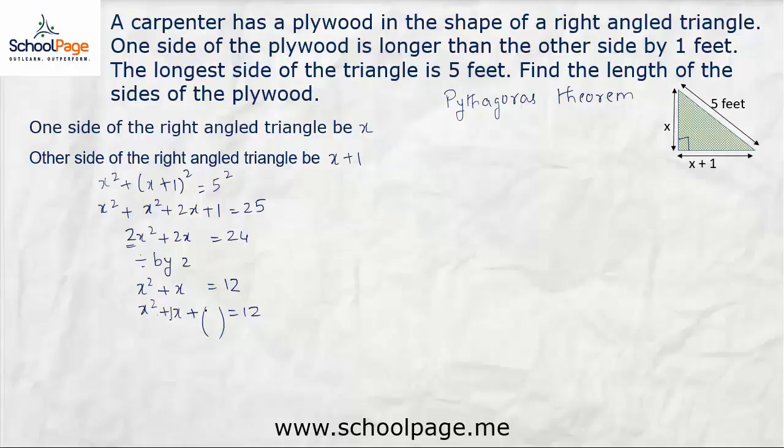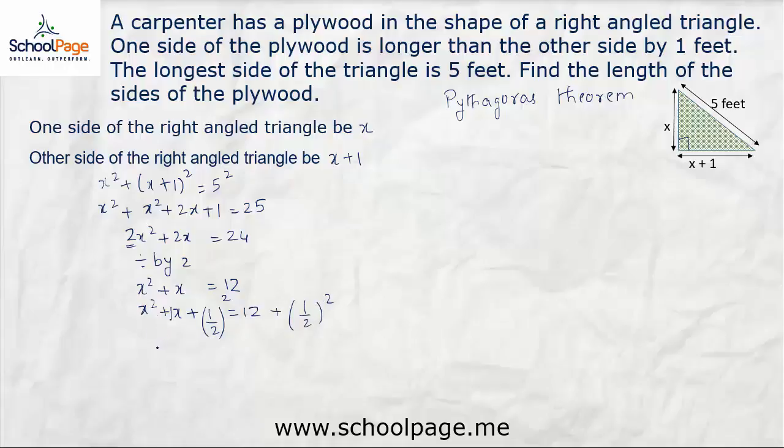The coefficient of x is 1. So we take half the coefficient of x, so 1/2, and then we square it. So (1/2)² is the term that has to be added to the left hand side to make the left hand side a perfect square. The same term will also be added to the right hand side of the equation.